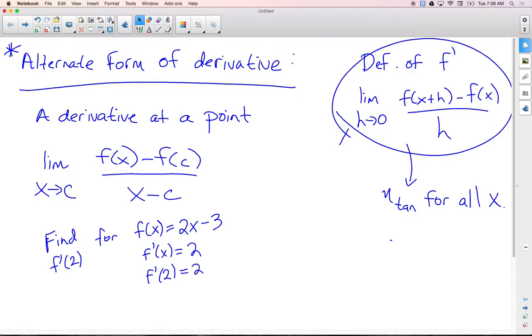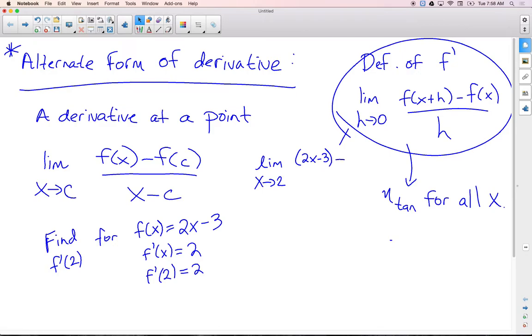So the way it would work is the limit as x approaches, what do we want to find the derivative at? 2. So the limit as x approaches 2. So far so good? So whatever this c value is, that's the derivative at the point. I want to find the derivative at 2. All right, then it'll be f of x. What's f of x? 2x minus 3.